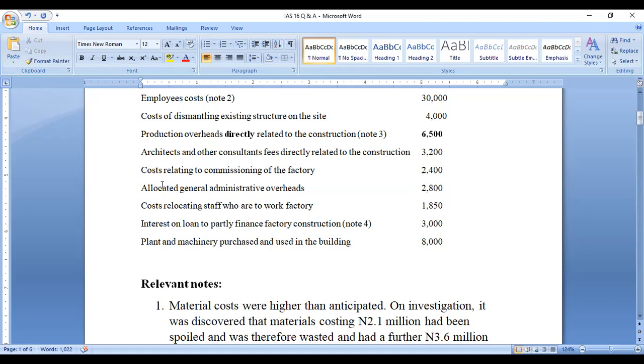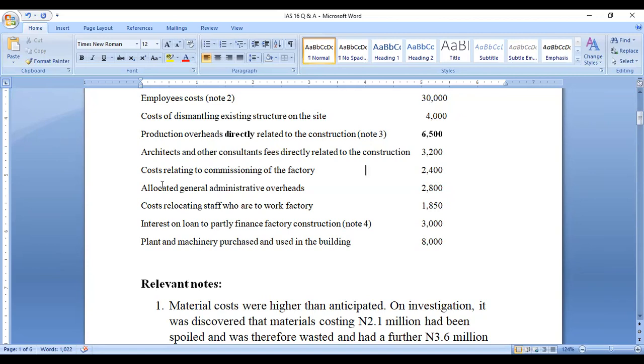Because if there was no factory construction, this cost wouldn't have been incurred. There would have been no need for relocating the staff. They are going to be the ones to make the factory work, so they are important to it. So that cost is directly related to the factory.